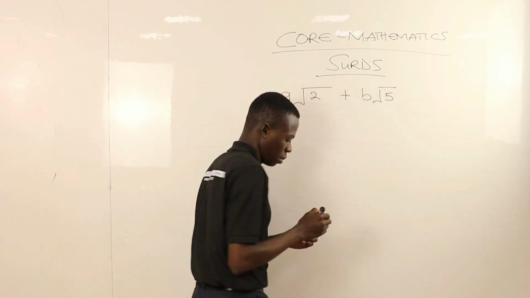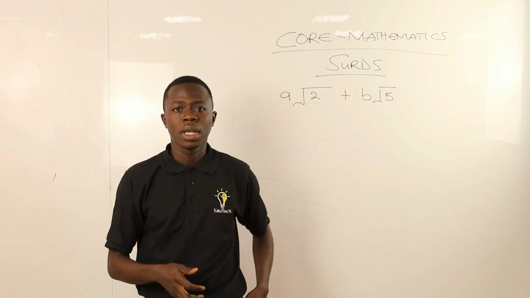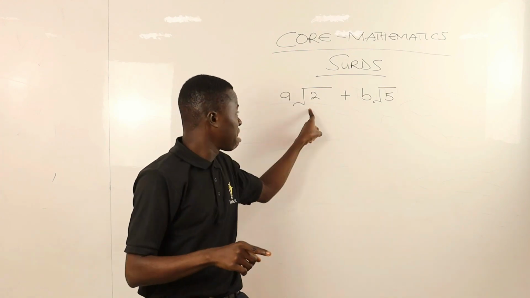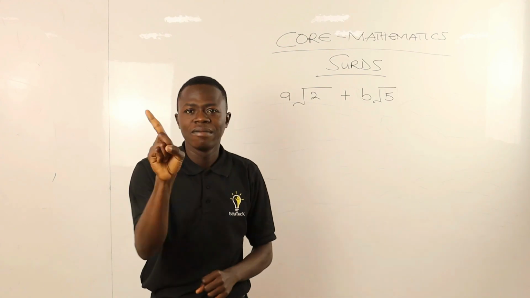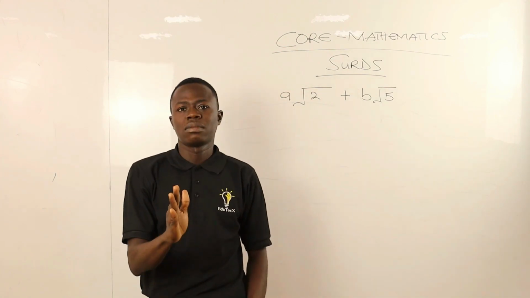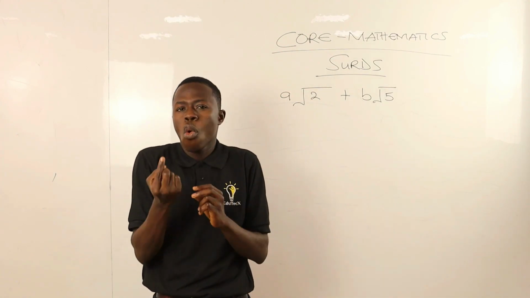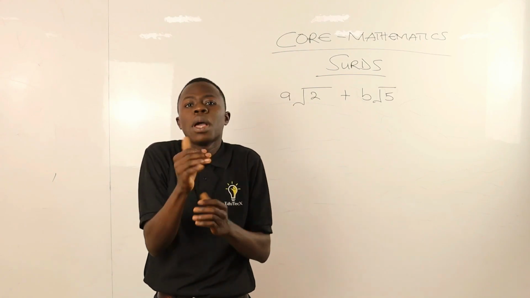What if the numbers are different? So for instance, like the one we have on the board, square root of 2 and square root of 5. Can we add or subtract something like this? No, you can't add an expression like that.